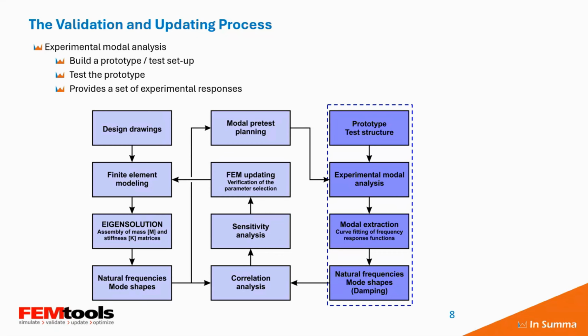And then in the middle, you also have tools such as the modal pretest planning, which is also a vital tool between these two processes that I described. The modal pretest planning can be used, for instance, to make informed decisions for building your test model. So for instance, how to excite your structure, where to place your sensors, and how to support your structure, and so on and so forth.